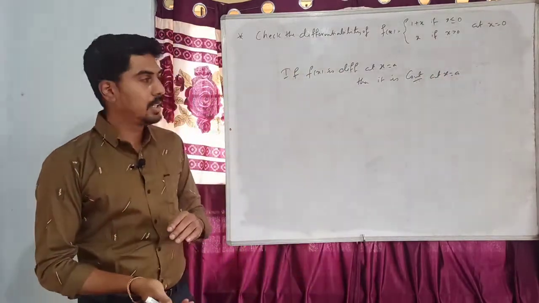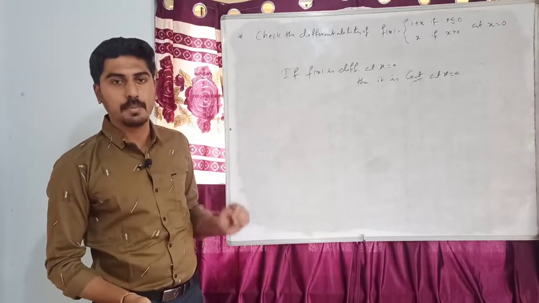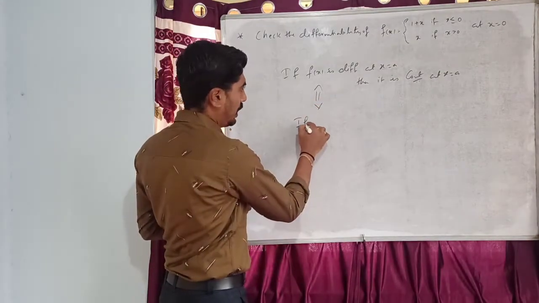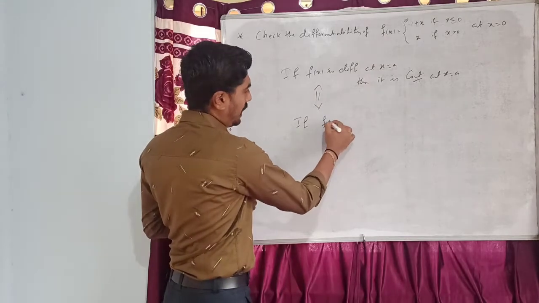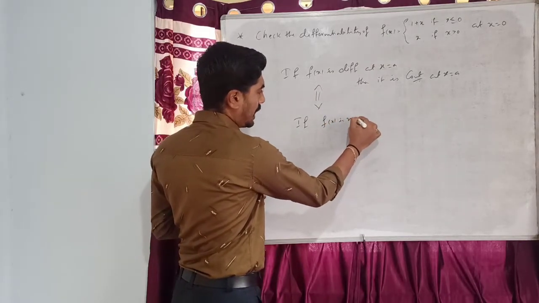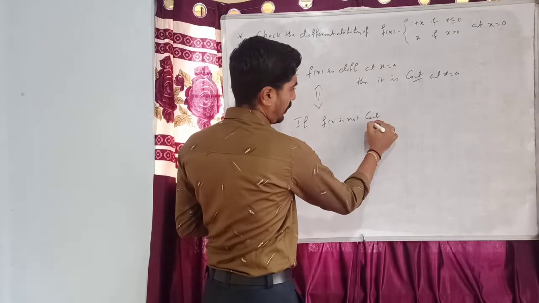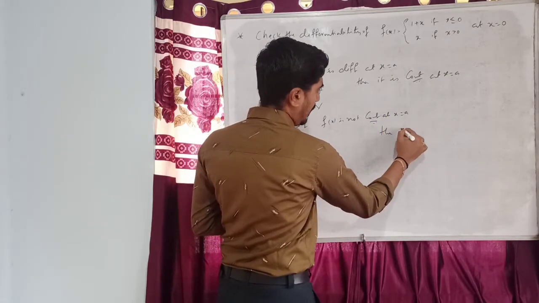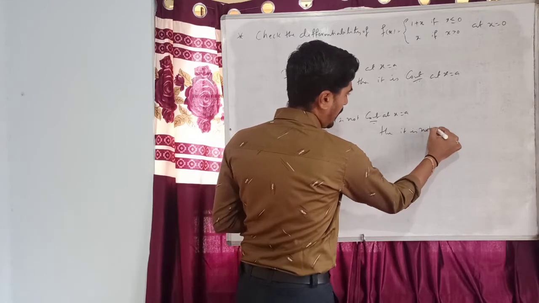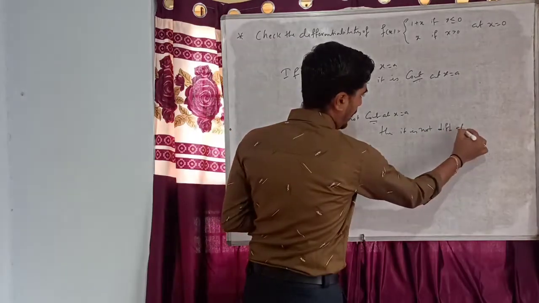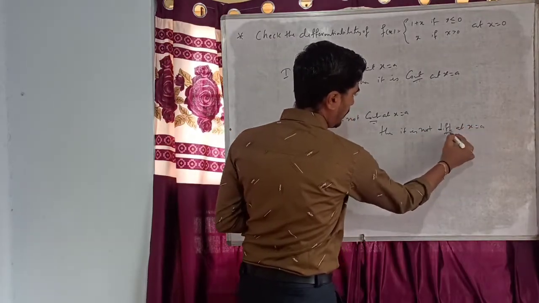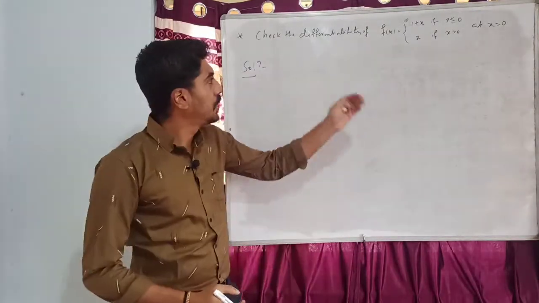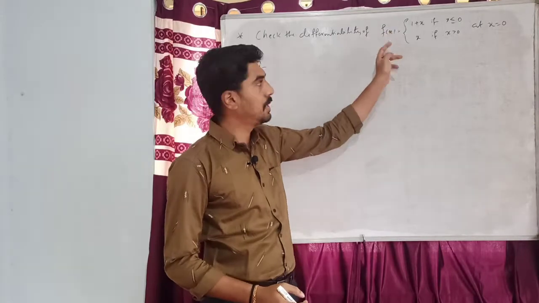If I write the contrapositive of this statement, I get: if f of x is not continuous at x equal to a, then it is not differentiable at x equal to a. Let us do this. First, let us find the left hand limit of f of x at x equal to 0.